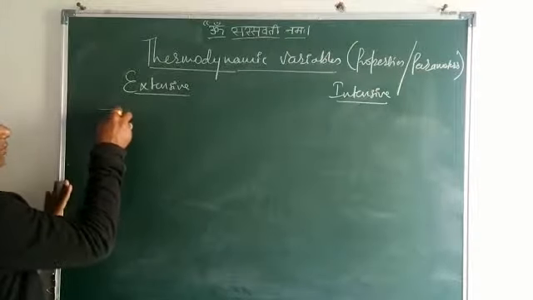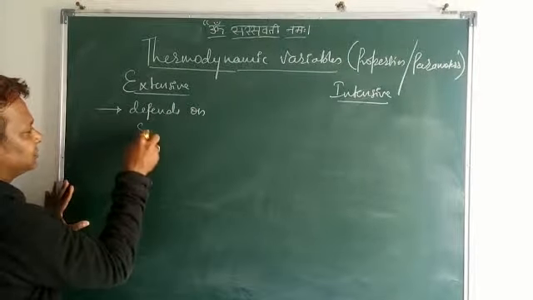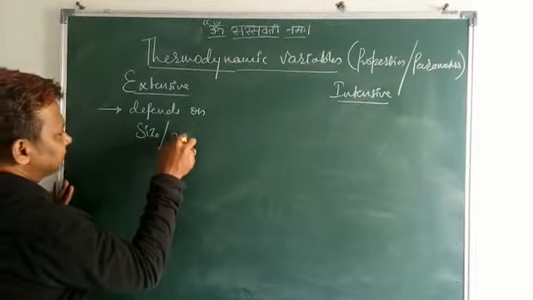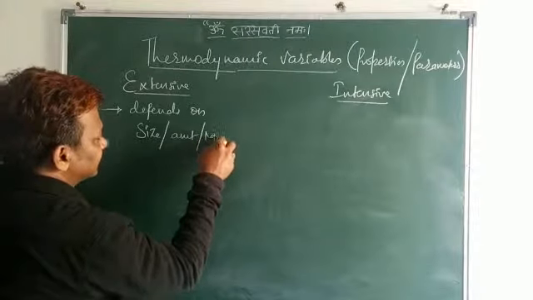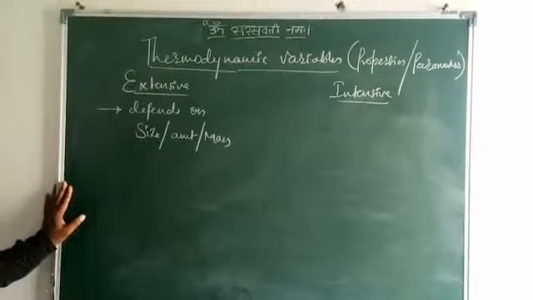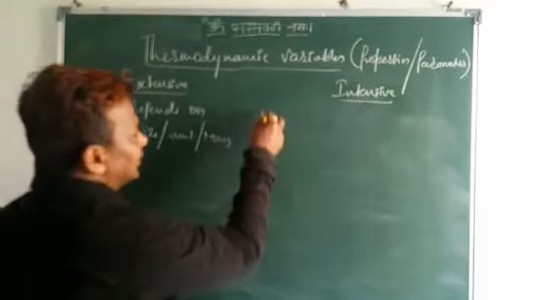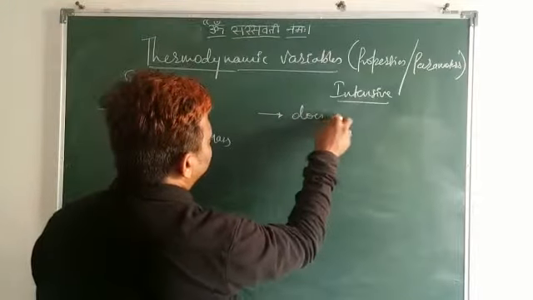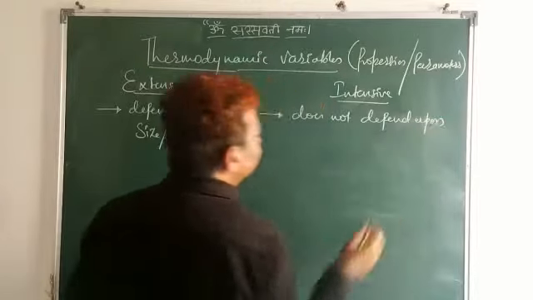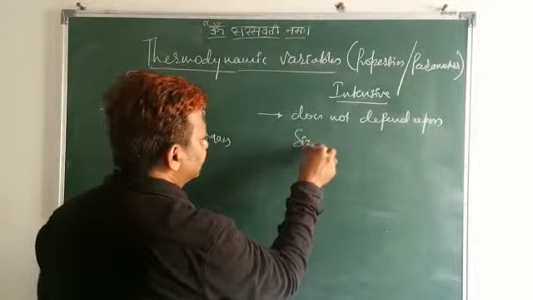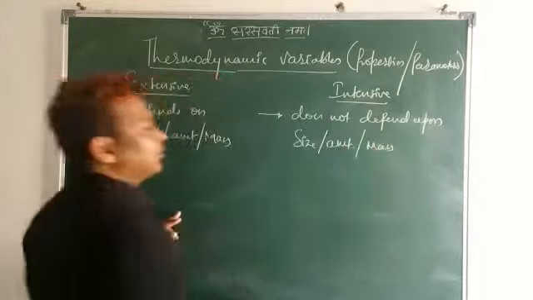The property which depends upon size, or we can say amount, or we can say mass, is called an extensive property. But an intensive property does not depend upon any of these: size, amount or mass.